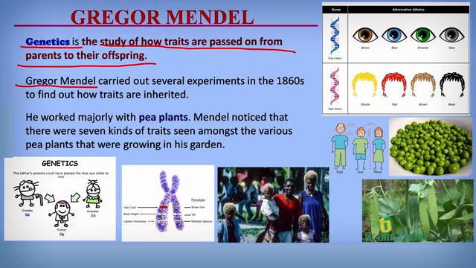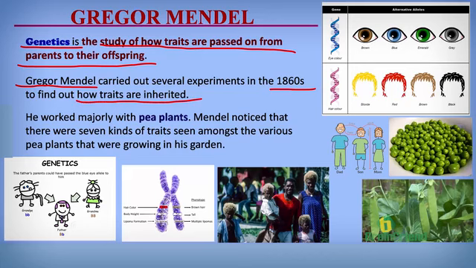Gregor Mendel did several research as a scientist. As a scientist, he conducted several scientific experiments. So he did several experiments in the 1960s. He lived around the 1960s, and he tried several experiments to come up with these results. He did this experiment to find out how traits are inherited.